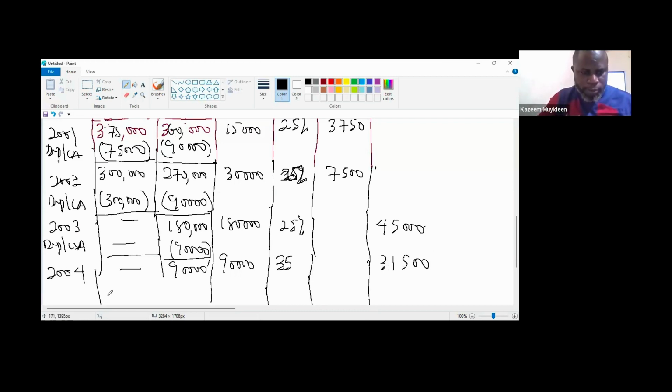2004, depreciation and capital allowance.